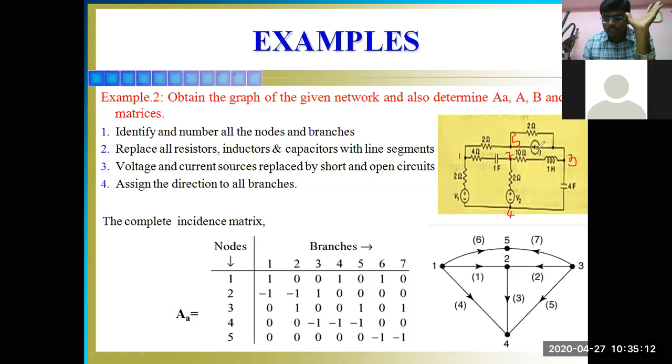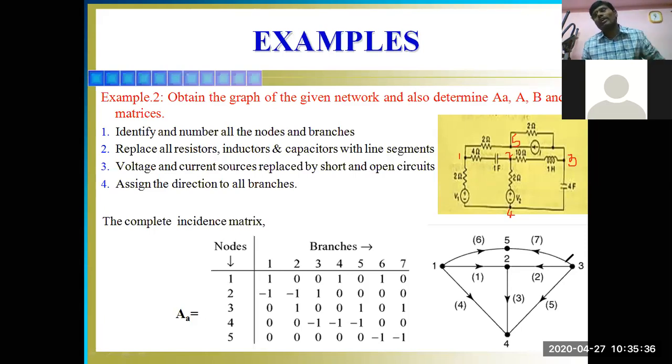That's why we have not represented a path from 5 to 3 with the current source. So you just remove it, and you need to have a connection between 5 and 3 through the 2 ohm. So that is it.